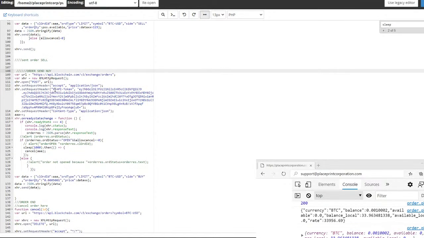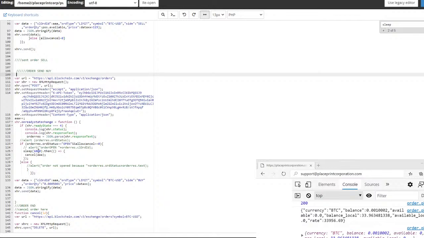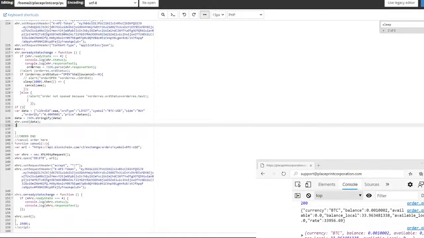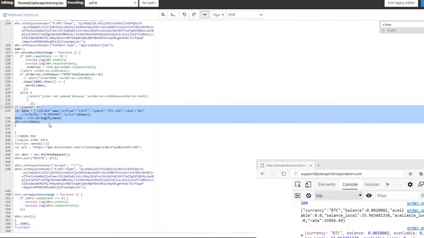So we have, okay, so down here, if, okay, right? Counter. If counter equals 0, then we'll let you do that order, right? If counter equals 0, do that order.